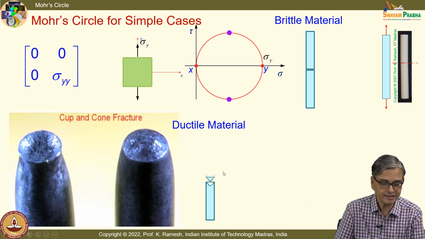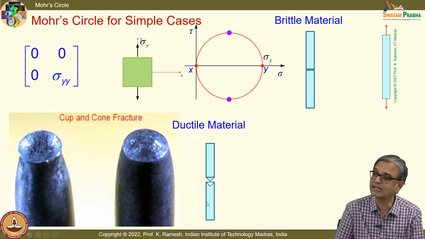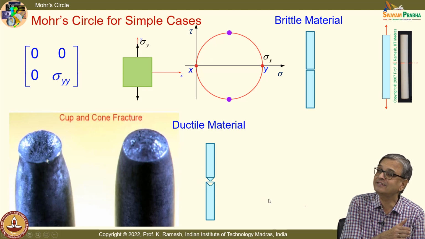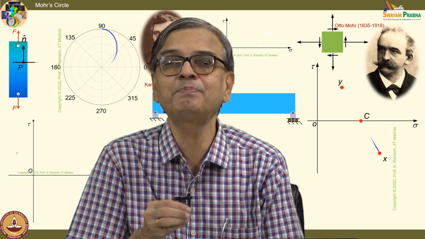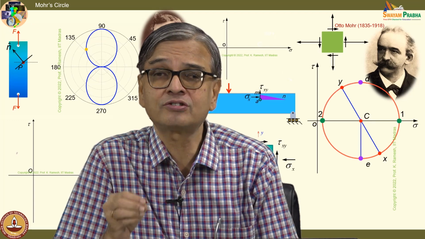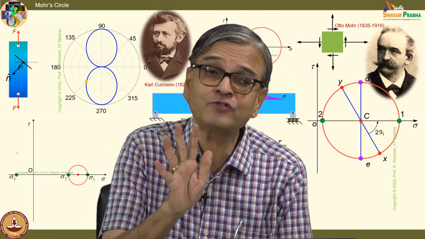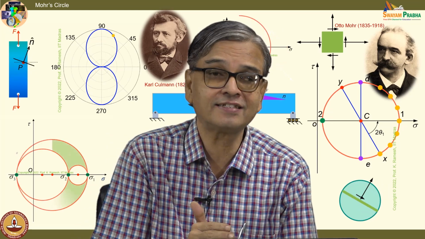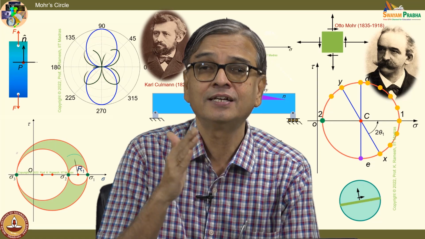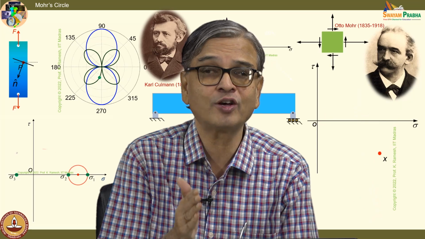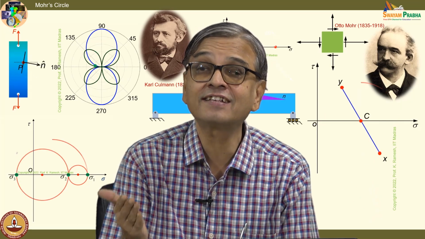And if I look at the cup and cone fracture and then put it like this, you will have the cup like this. You have this at 45 degrees, and you can go back and explain this is what has caused it. From a simple experiment, you are able to apply Mohr circle and identify the plane on which failure can occur. Is the idea clear? In one case, it is dictated by the plane on which the normal stress exceeds the limit. In another case, it is on a plane where shear exceeds the limit.